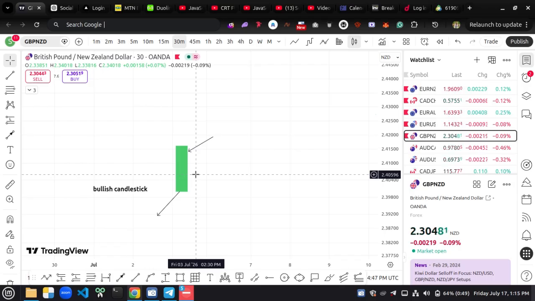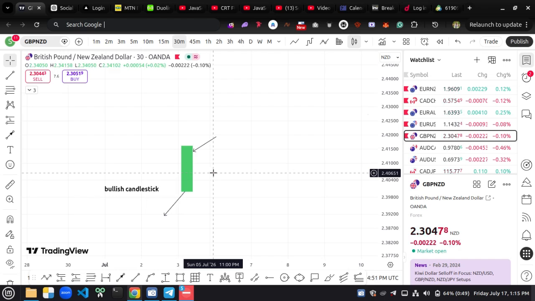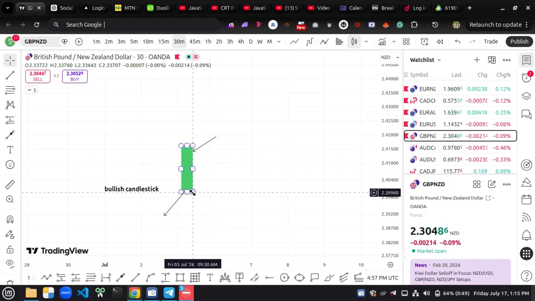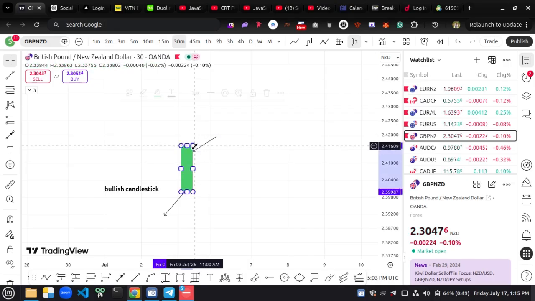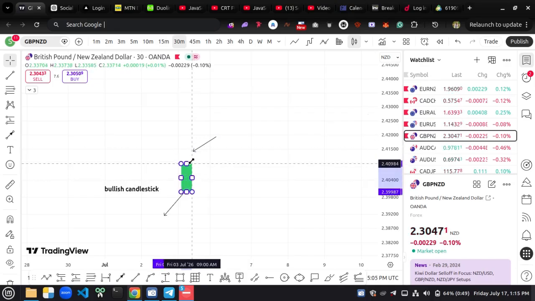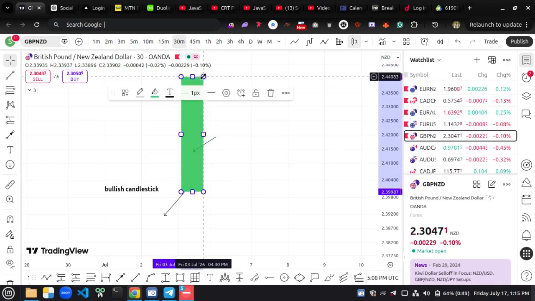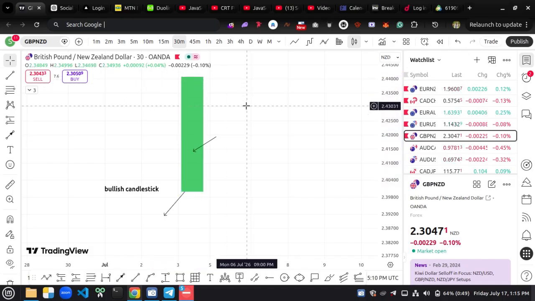But for me to understand that this particular candle I'm looking at is a bullish candle: if today starts and the market opens at this point, and the market closes higher than the point where it opens, it can close here, it can even close here in 30 minutes, depending on how the market moves.